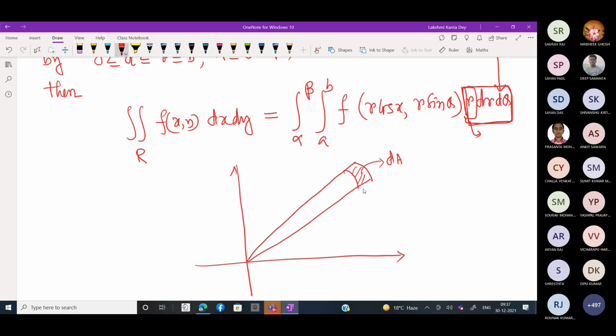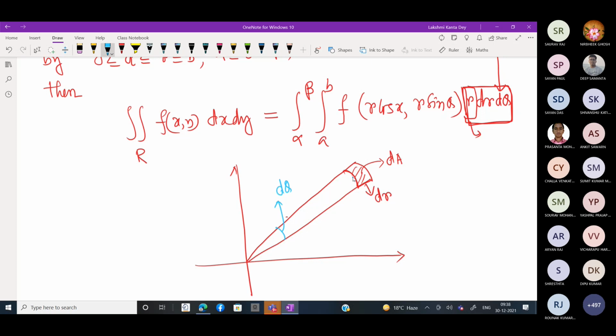And this particular thing is dr, and this thing is d theta, right?